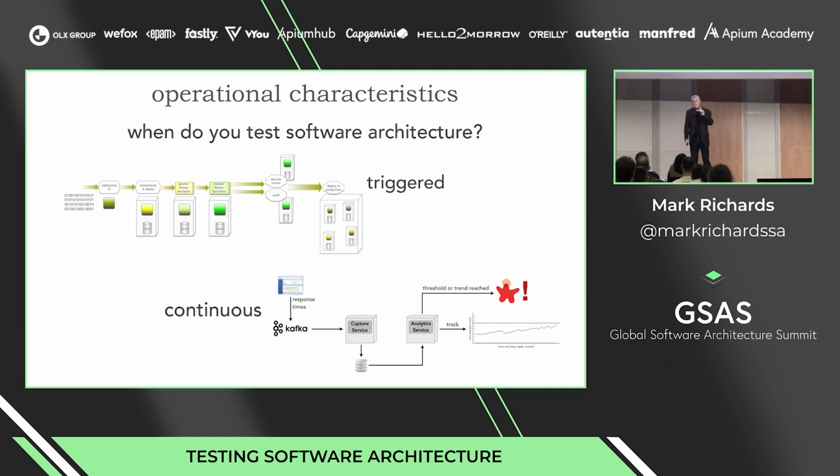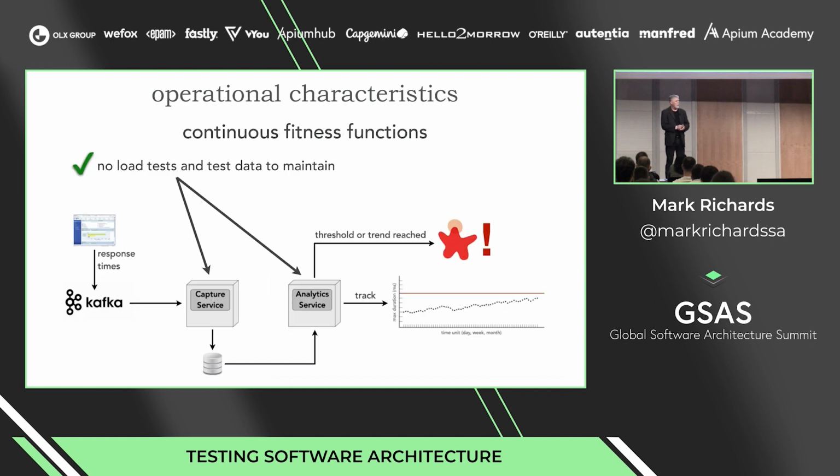Let's take a look at continuous fitness functions, though. With continuous fitness functions, the great advantage is that there's no load tests or test data to maintain. There's no modeling of user behavior in user requests, because these are running continuously in a production environment with real user scenarios, real data volumes.